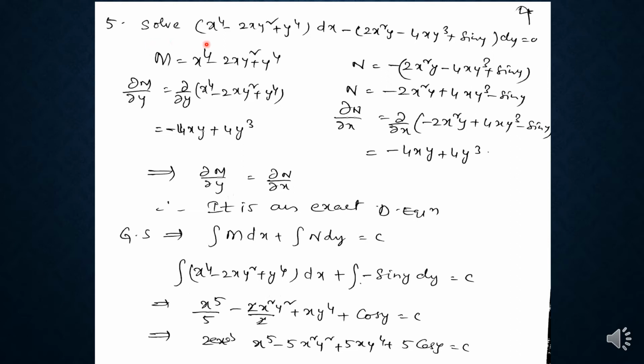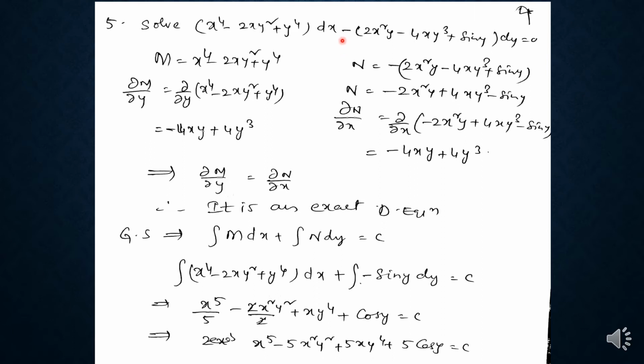Solve (x to the power of 4 minus 2xy square plus y to the power of 4) dx minus (2x square y minus 4xy cube plus sin y) dy is equal to 0. So by comparing with the general form of the differential equation, M dx plus N dy is equal to 0, M is equal to x to the power of 4 minus 2xy square plus y to the power of 4, and N we should take along with this minus.